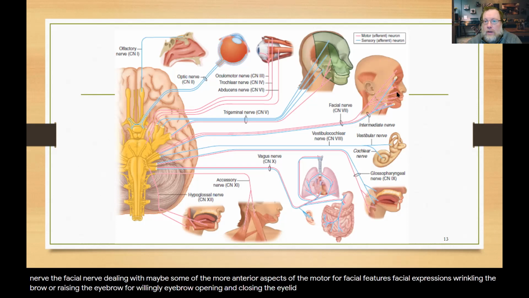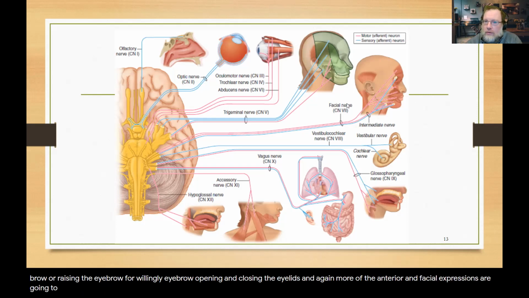Again, more of the anterior facial expressions are going to come from the facial nerve. So that's pretty straightforward. We also have some of the sensory aspects coming from the face. And the next one, vestibulocochlear. That one we can break down.